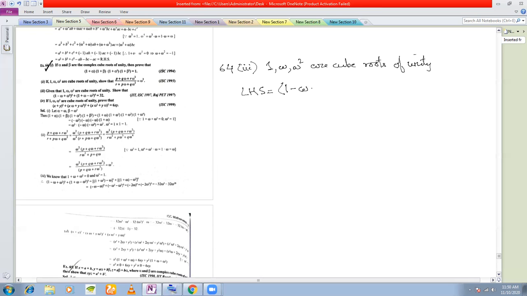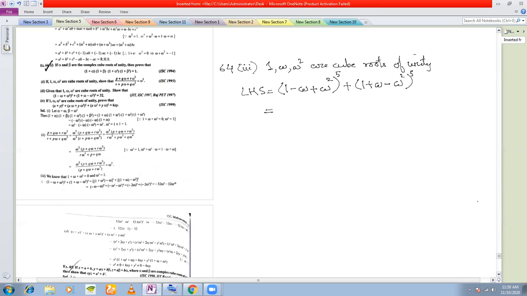And what is the left hand side? 1 minus omega plus omega square to the power of 5 plus 1 plus omega minus omega square to the power of 5. You need to show that this is equal to 32.